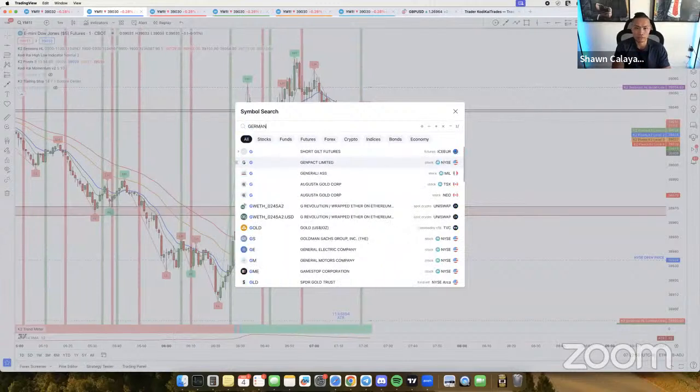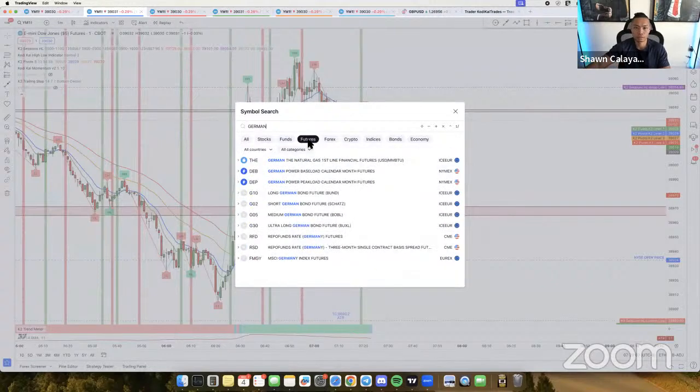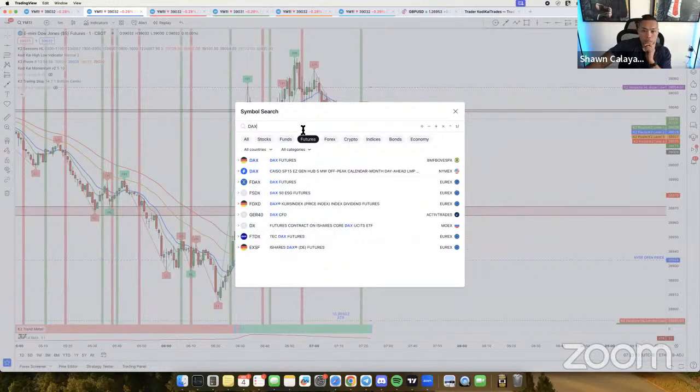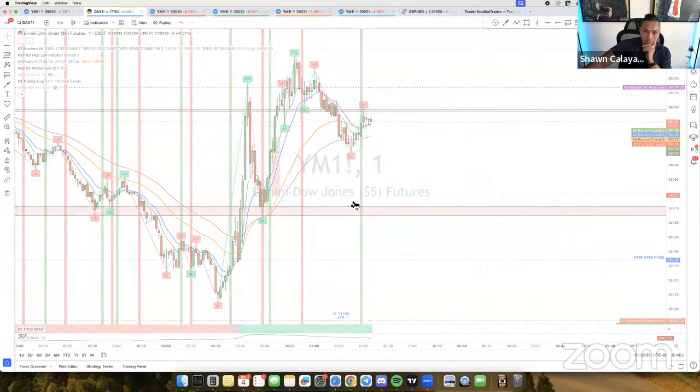So let's see, German index future. I guess it would just be DAX futures. I don't know. I mean, there's DAX futures, but I guess it would just be DAX.